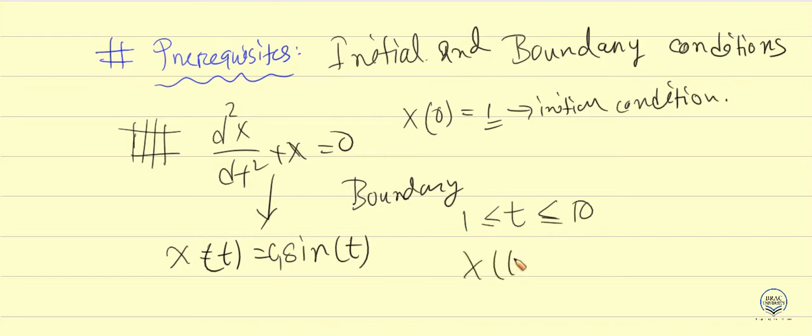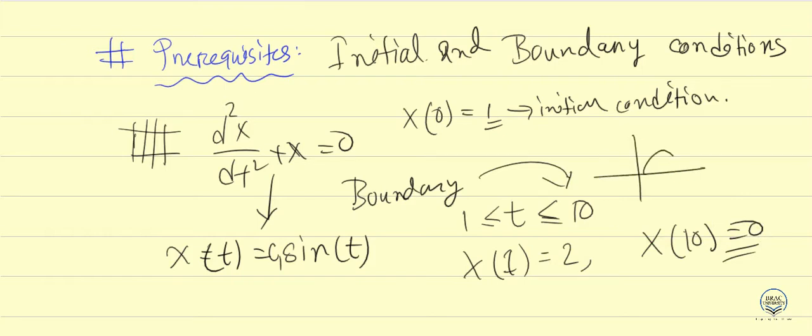So the value of x when t equals 1, let's say x(1) is 2, or it might be something else depending on this constant. And when t equals 10, let's say this is 0, it can happen. So these are our boundary conditions. That means you have a solution like this and you draw this interval from 1 to 10.